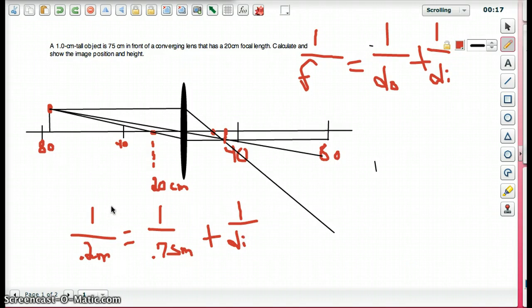So we take 1 over 0.2, so 5, minus 1 over 0.75 is equal to 1 over d_i.